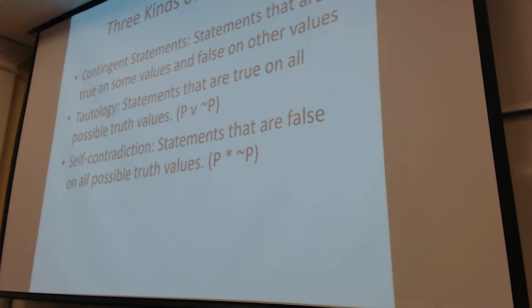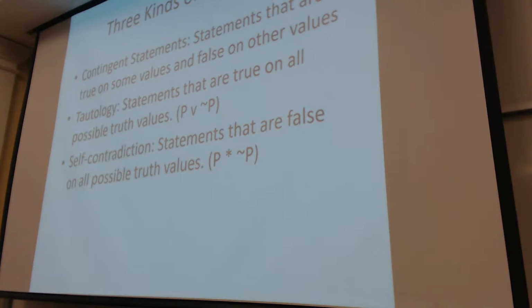But if P is false, then the right half of the OR statement is true, making the OR statement true. So the statement P or not P is always true, no matter what the value of P is, because when you run it on both possible values, the statement's still true.